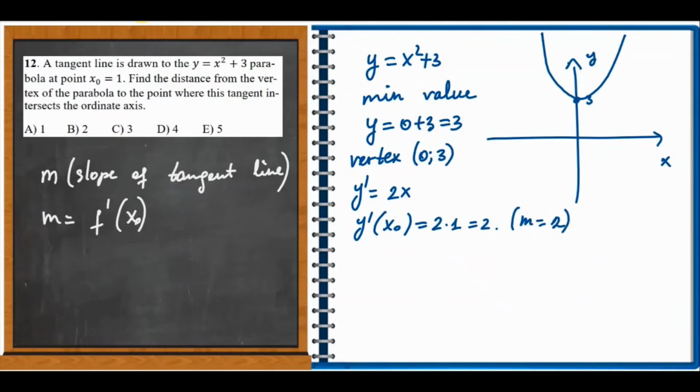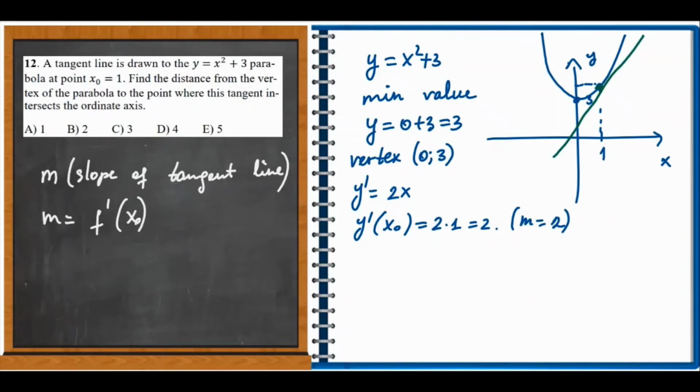So let's show that line at the point x is equal to 1. This is here. And what is this point? The y coordinate will be, that point belongs to the tangent line, and to the graph itself.